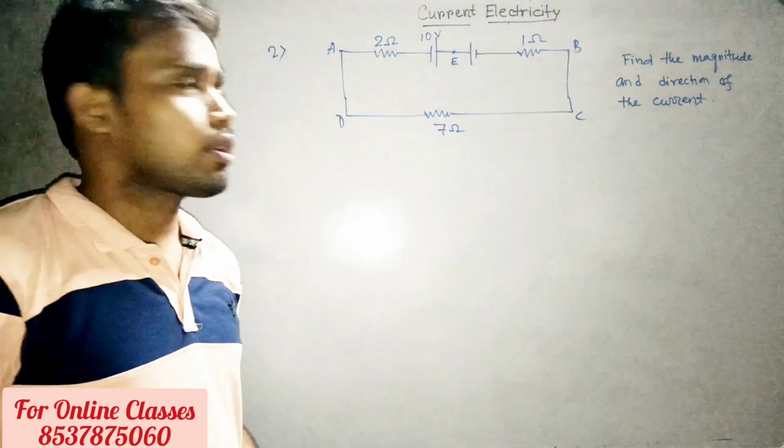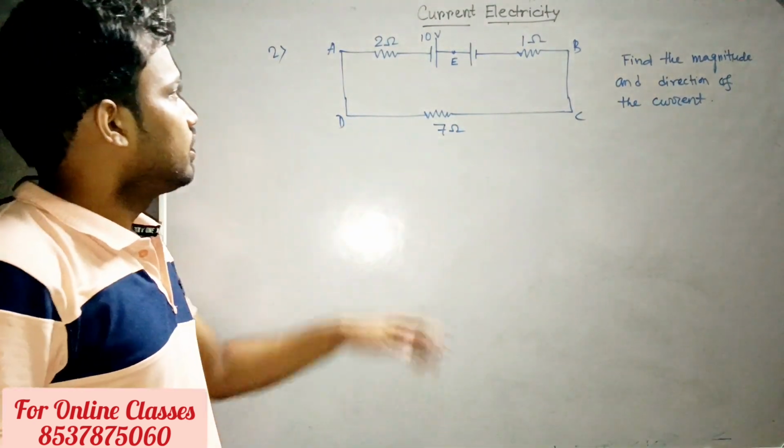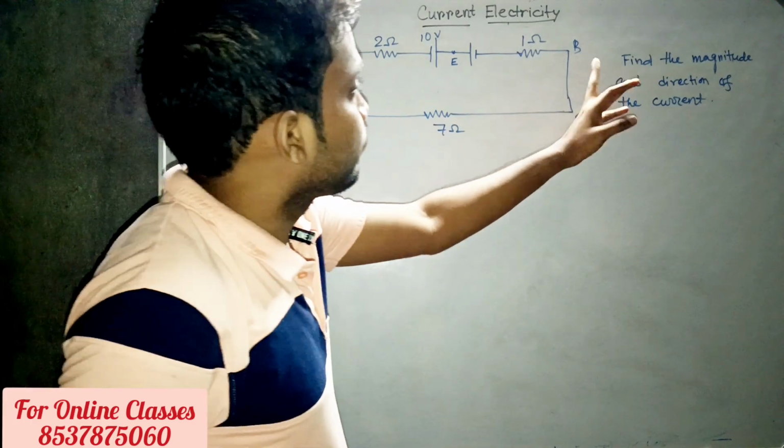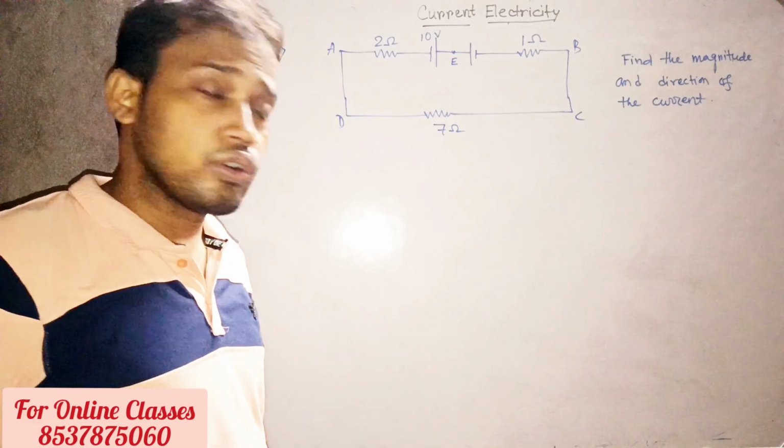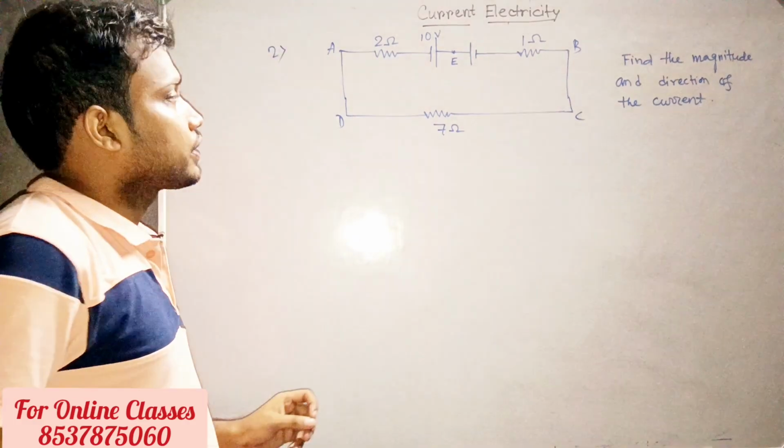Let's move on to the next problem. A circuit is given and you have to find the magnitude and the direction of the current. First of all, we have to know the direction of the current.